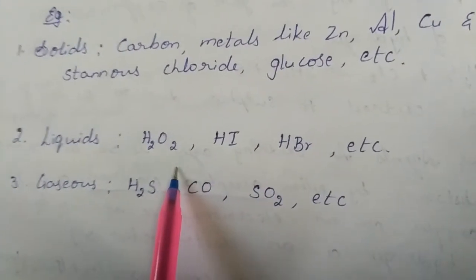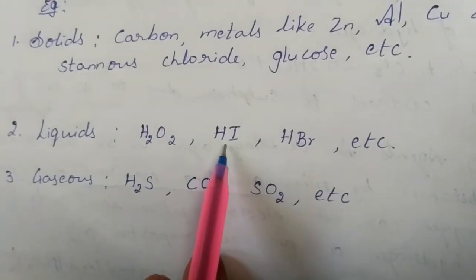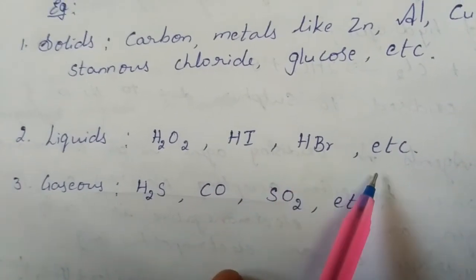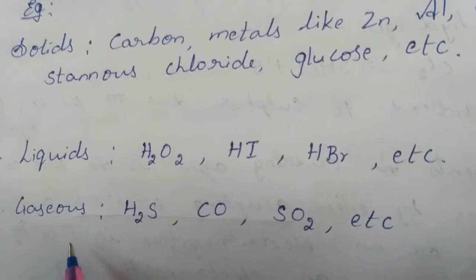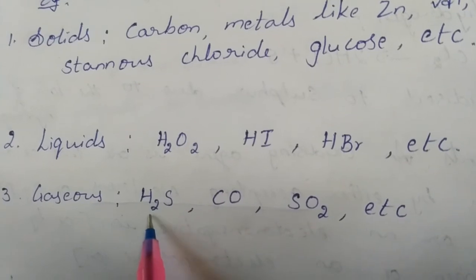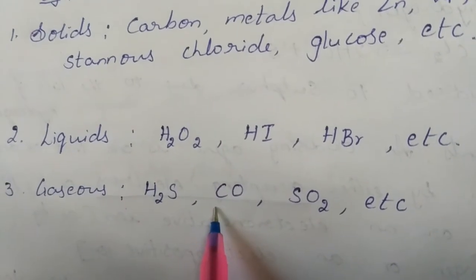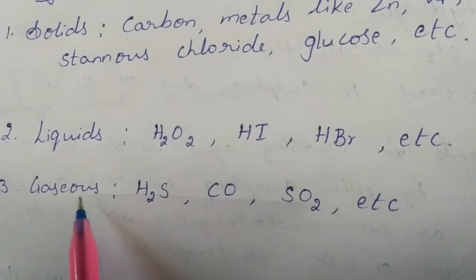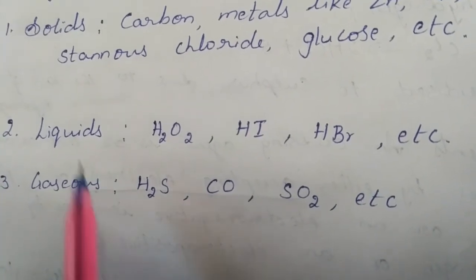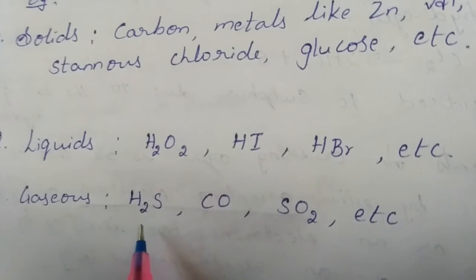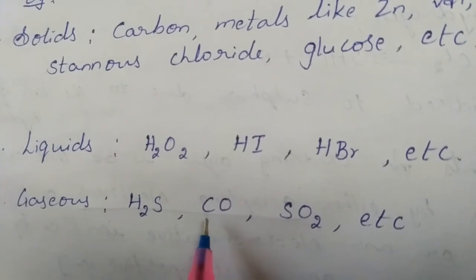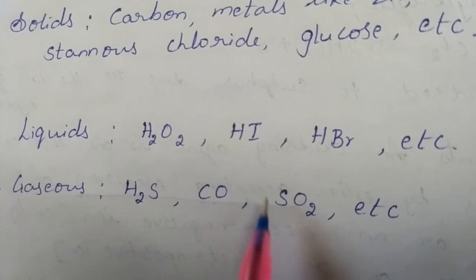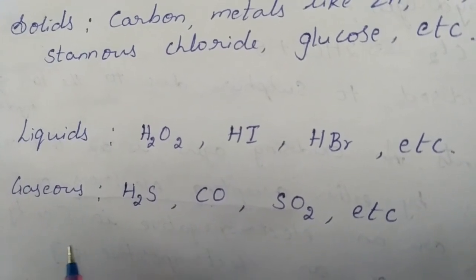Liquids: H2O2, hydrogen iodide, hydrogen bromide, etc. And in the gaseous state, examples of reducing agents are hydrogen sulfide, carbon monoxide, and sulfur dioxide.